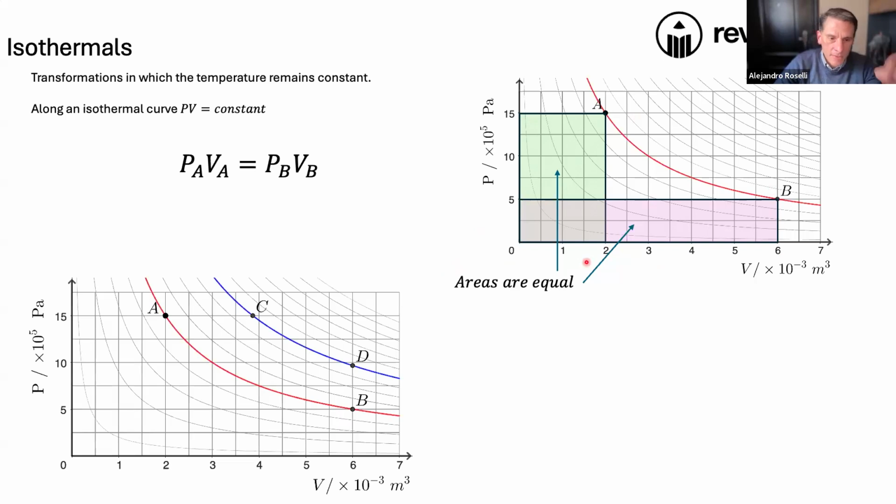Now, let's consider two different isothermals on this graph. You can see the red curve, an isothermal that connects A and B, and this blue one that connects C and D, at different temperatures.